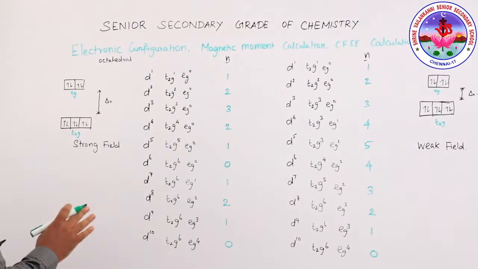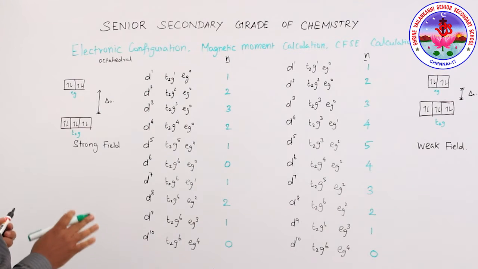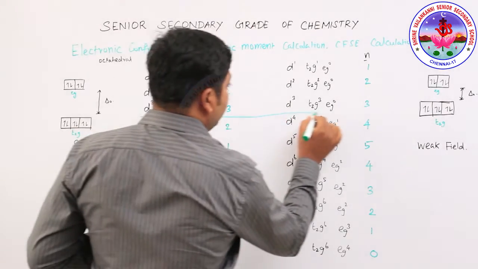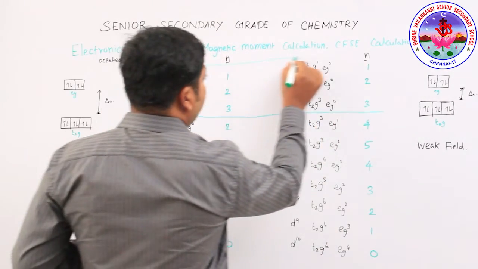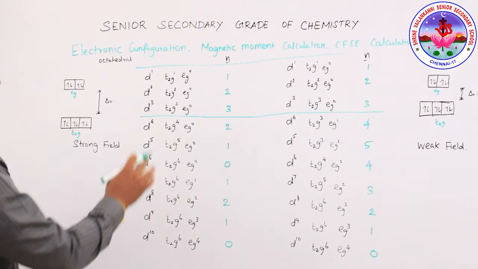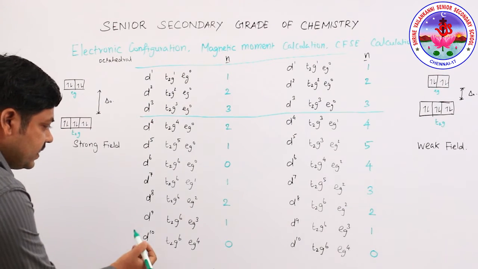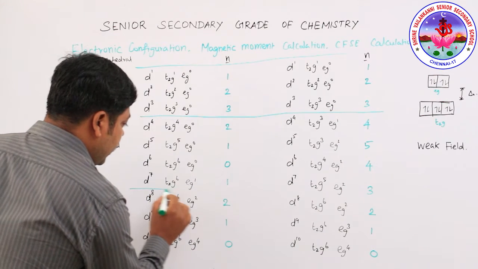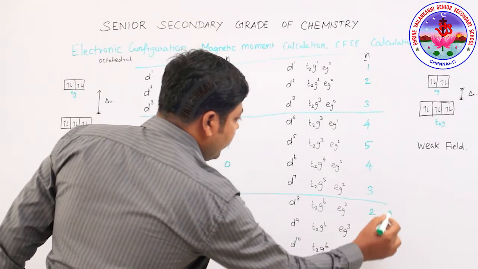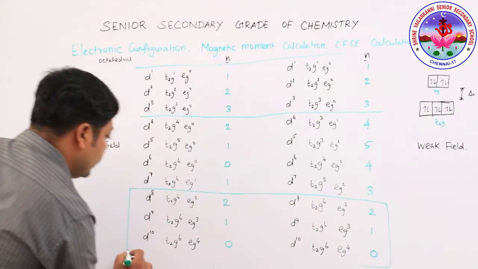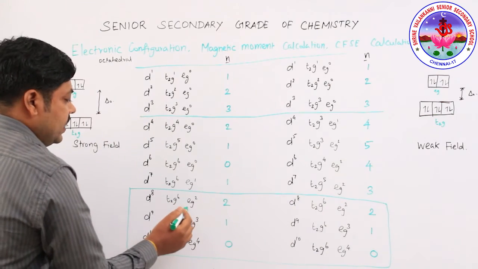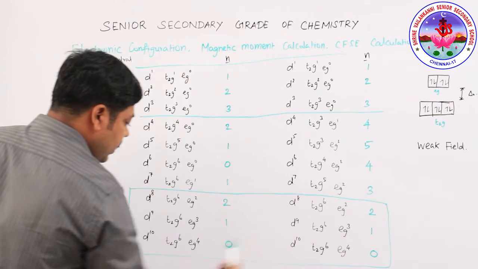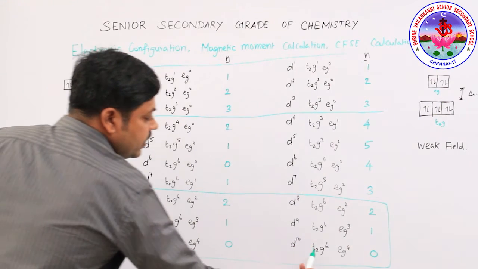So, this is the way of writing the electronic configuration. This is a simple method. Up to D3, in both strong field and weak field, there is no change in the electronic configuration. In the case of D8, D9, D10 also, there is no change in the electronic configuration in both strong field and weak field. Look here: T2G6 Eg2, T2G6 Eg2, T2G6 Eg3, T2G6 Eg3, then T2G6 Eg4, T2G6 Eg4.